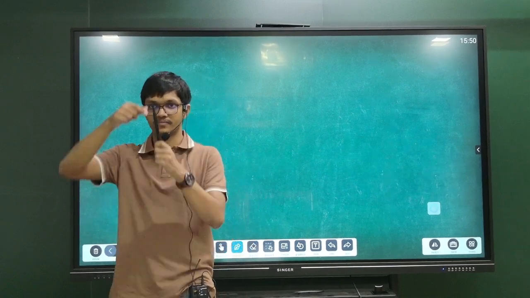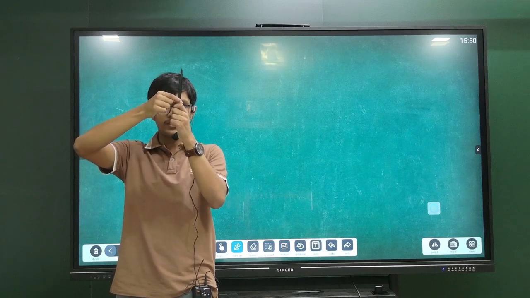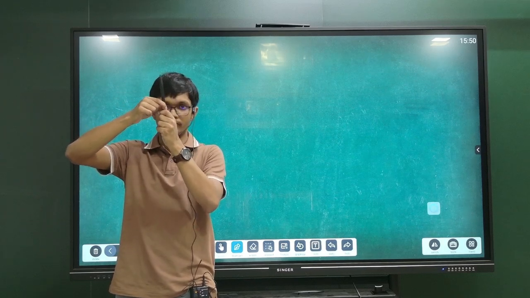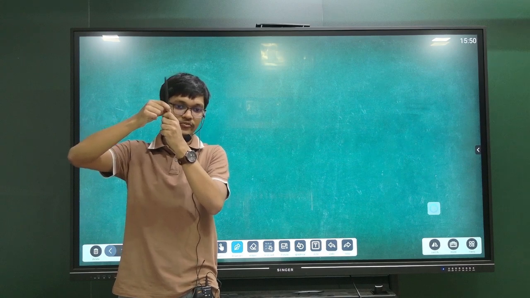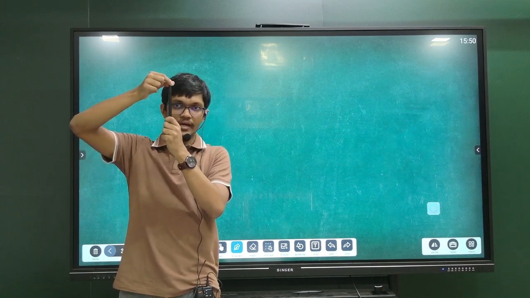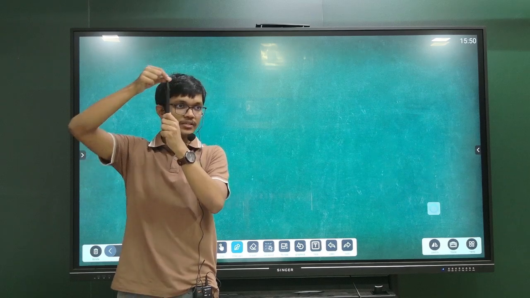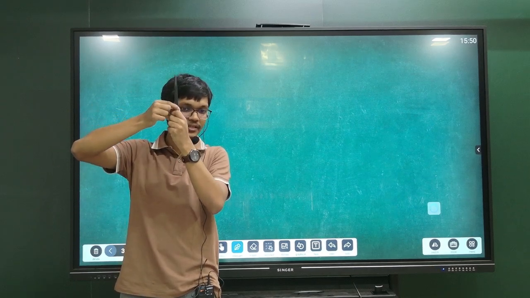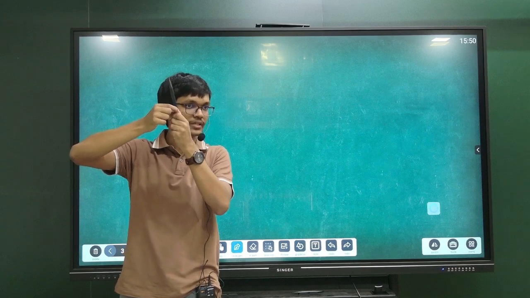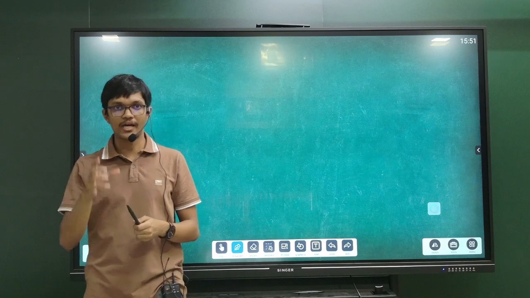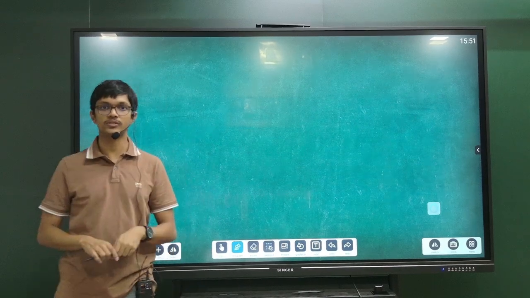If you try to rotate it by applying the force here, it will not rotate. Instead, if you apply the force here, it is difficult to rotate this thing.